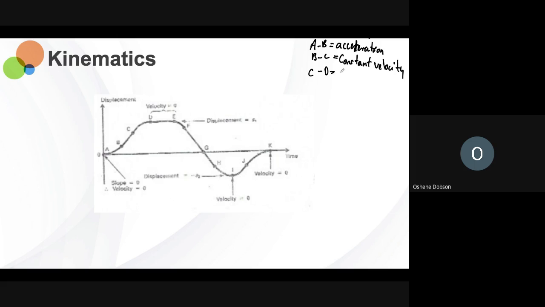Acceleration, decreasing... deceleration. Am I spelling this correctly? Yeah, deceleration. All right, you made a good attempt.